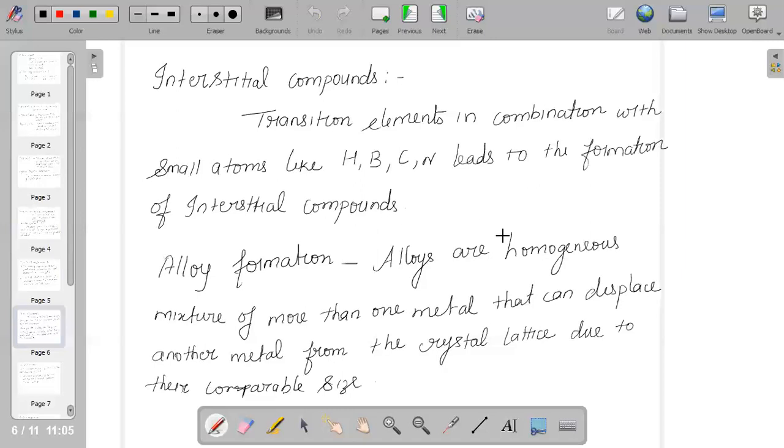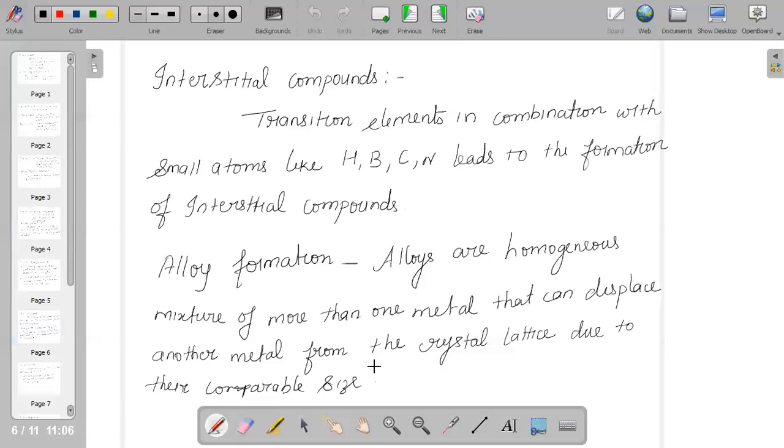We all know that alloys are homogeneous mixtures of more than one metal that can displace another metal from the crystal lattice because of their comparable size, and that will lead to the formation of an alloy. So the alloys being formed are basically hard, and they will have high melting point, like chromium, vanadium, tungsten, manganese.